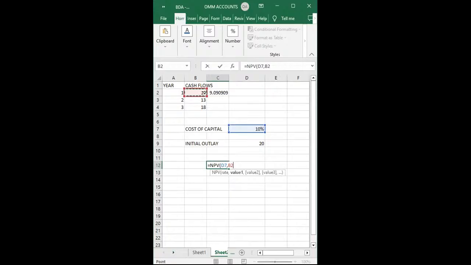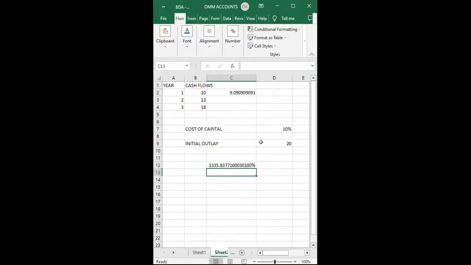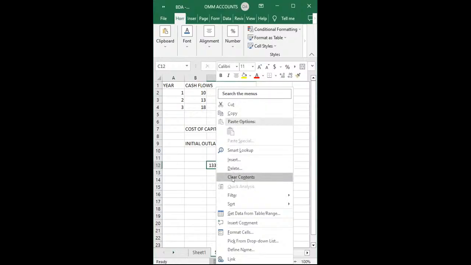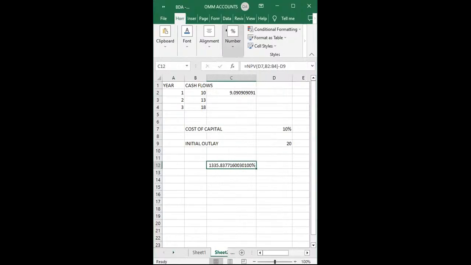Close bracket. Minus the 20 there. Enter. Now highlight that answer. It's not a percent, it's a number. Go back to where it says percentage, that one. You don't want percentage.